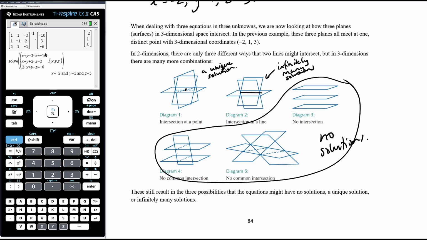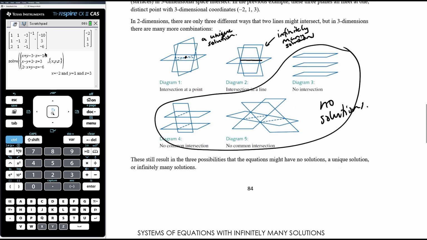Okay, you don't need to know the geometry of what's happening, but you do need to see that it is still possible when you have 3 equations in 3 unknowns for there to be a unique solution. That is where you can find a combination of an x value, a y value, and a z value that works, or infinitely many solutions, or no solutions.